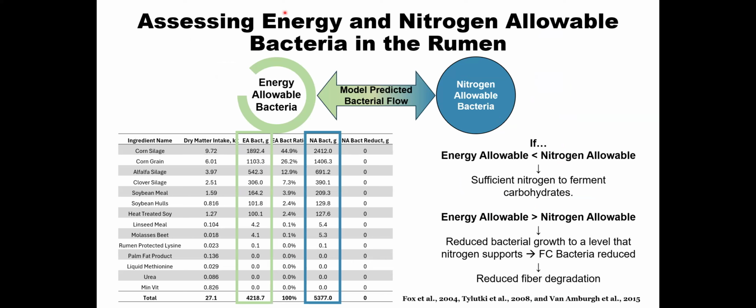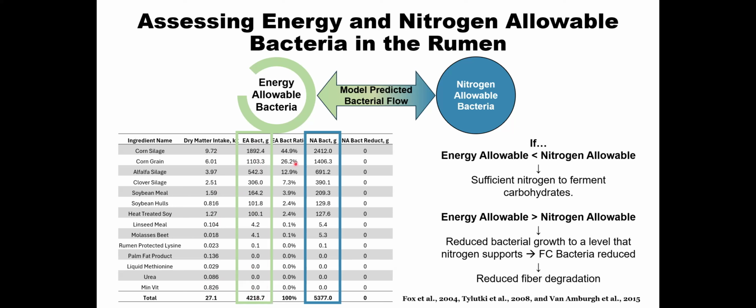Right. So again, if we just do this in an accounting fashion, here's a diet. We've got in this case 27 kilos of dry matter intake. Here's the amount of the forages and the other ingredients. We can calculate the energy allowable bacteria for each of these carbohydrate pools here, and you can see that if you add that all up, we get just over 4,200 grams of energy allowable bacteria from this diet, right?